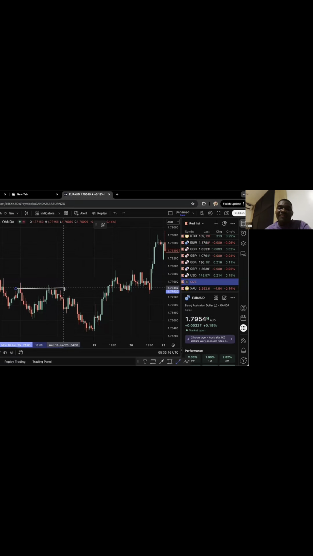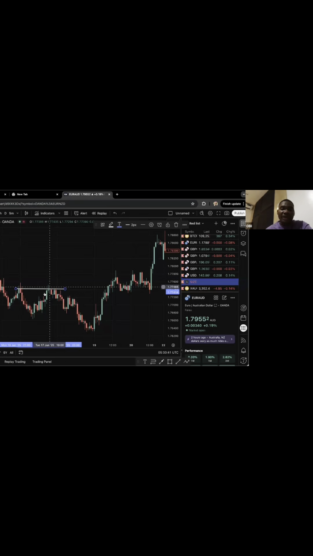Sometimes we have inverted hammer candlesticks. Sometimes we have, you know, gravestone candlesticks. All these things you see over here are types of candlesticks, and some of these candlesticks signify, at that particular area, whether the market is going to sell or going to buy.